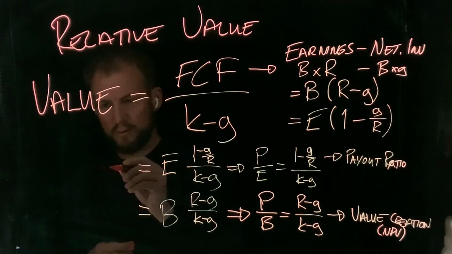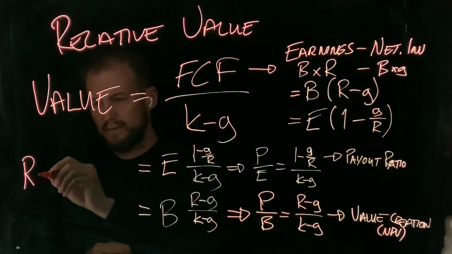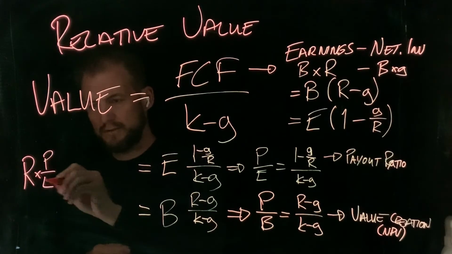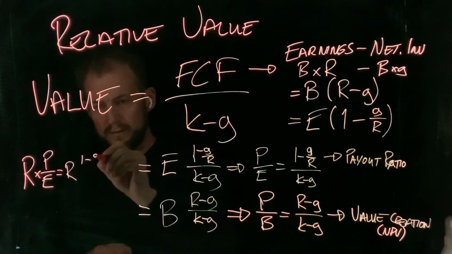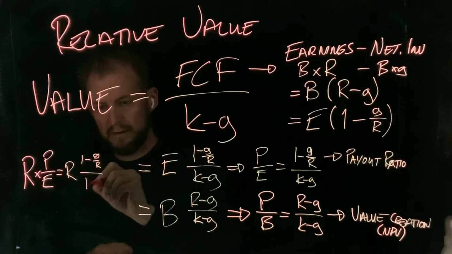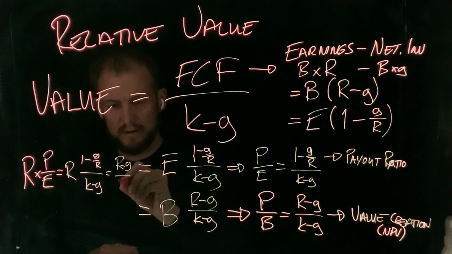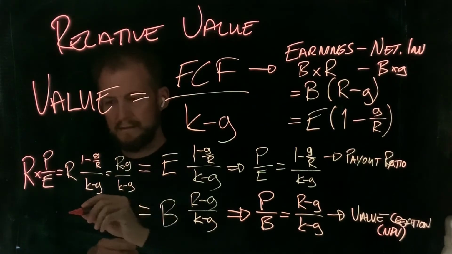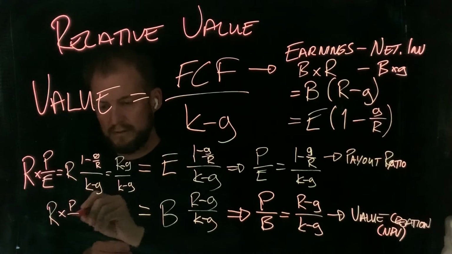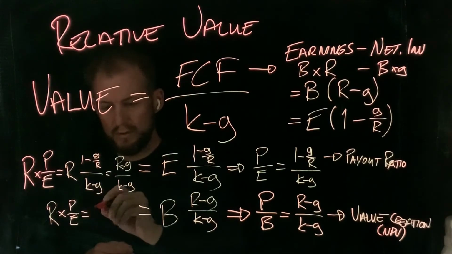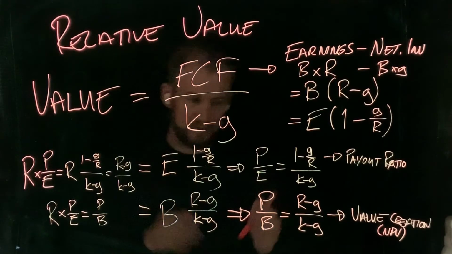In addition to that, of course, we see that if we take return and multiply it by the price earnings ratio, we get return times 1 minus G over R divided by K minus G, which gives us R minus G over K minus G. Hence, we get that return times price earnings is equal to price book, which is handy in terms of converting these two.